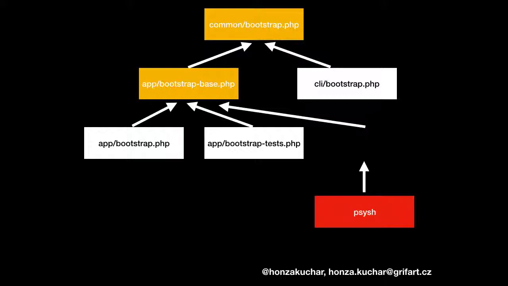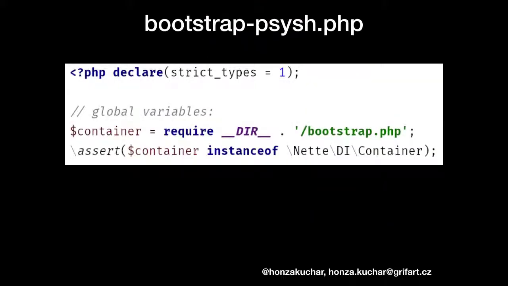So we have a new thing here, PsyShell, and we need another bootstrap for that, which will set up the services for this PsyShell, and we can access them then. So this is how it looks. This is the basic thing. You just create a global variable container, and that's it.